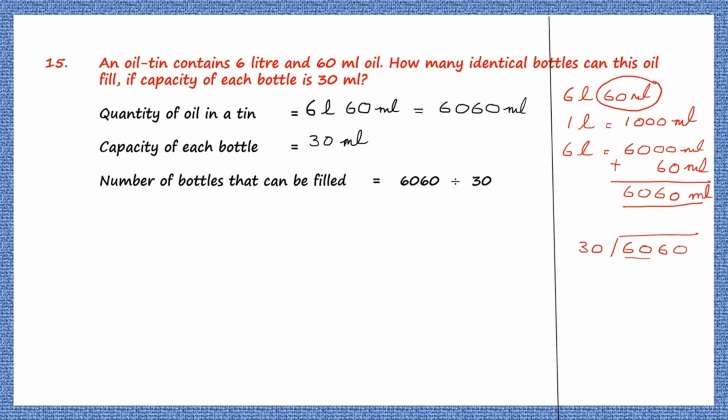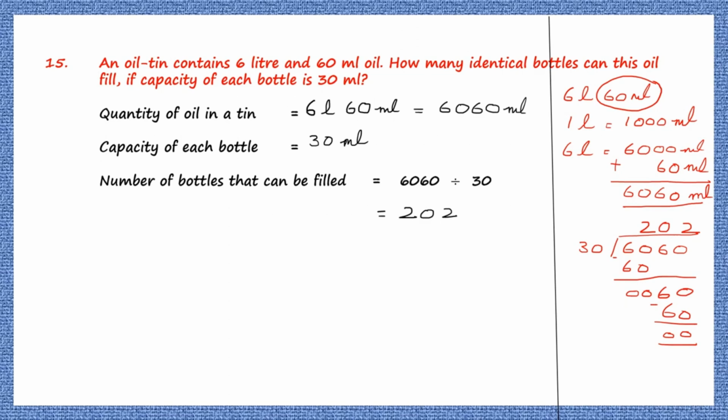So 30 twos are 60. So 30 into 2 is 60, minus 60 is 0. We bring down the next number. 6 is smaller than 30. So we put a 0 and bring down the next number, which is 0. Now we have 60. 30 twos are 60. So we've got a remainder 0 and we've got our quotient. Our quotient is 202.